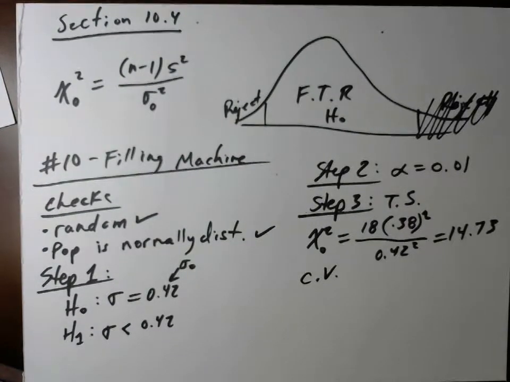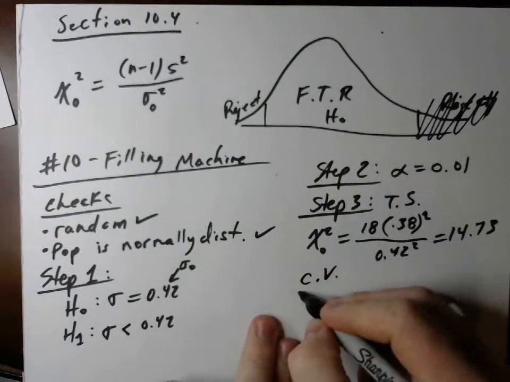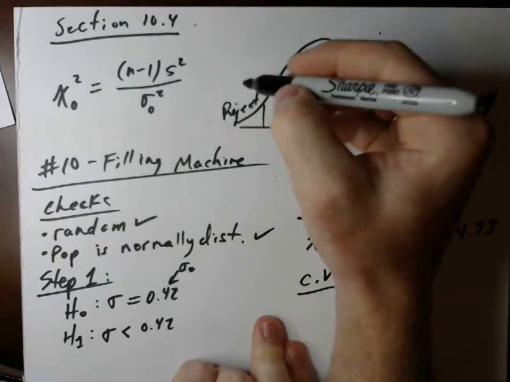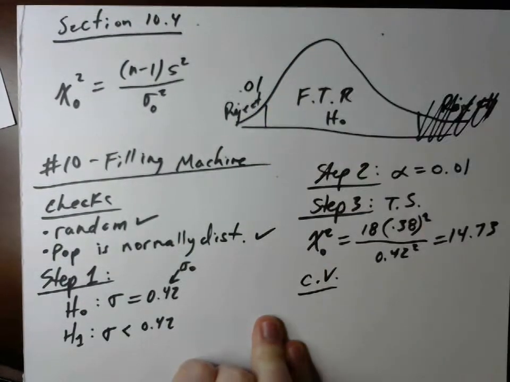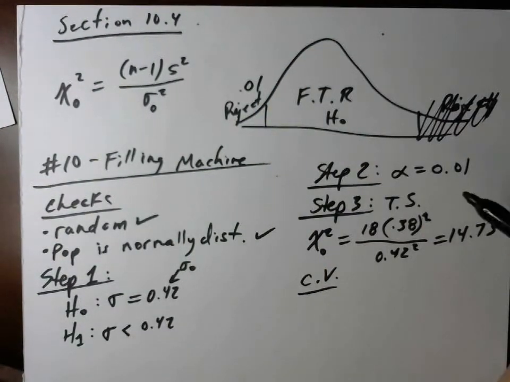Since it's a left tail test, we want the entire area on the left to be 0.01, since alpha is 0.01. So we would look at the column 0.01 and degrees of freedom of 18 and find our critical value. Oh, remember, it's not 0.01, sorry.